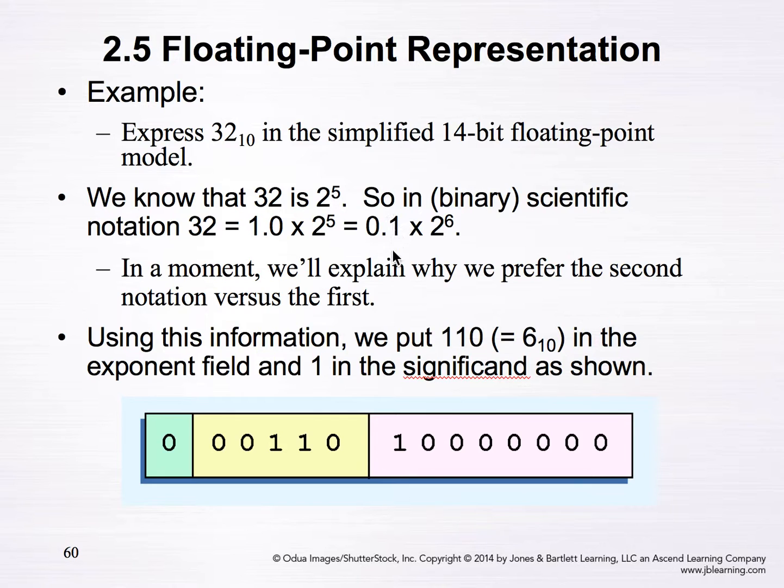And the significand right here, we have the point right here, and the digit right after the binary point is just 1, and then the remaining bits are just 0 padded. So the number 32 in decimal can be represented by 0, 0, 0, 1, 1, 0, 1, 0, 0, 0, 0, 0, 0, 0 in a 14-bit floating point model.